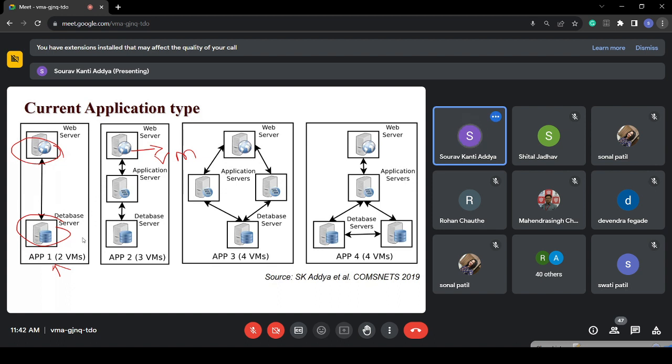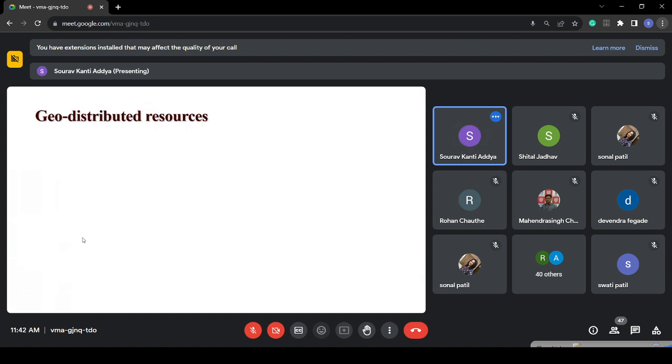Okay, so we understood that these VMs can be placed in the data center. But where are these data centers situated, or where are they placed? These data centers are geo-distributed resources across the globe.